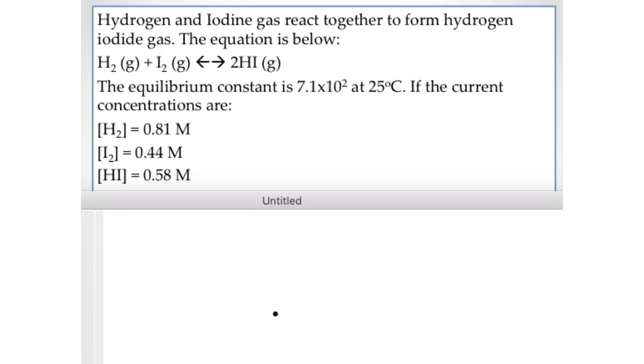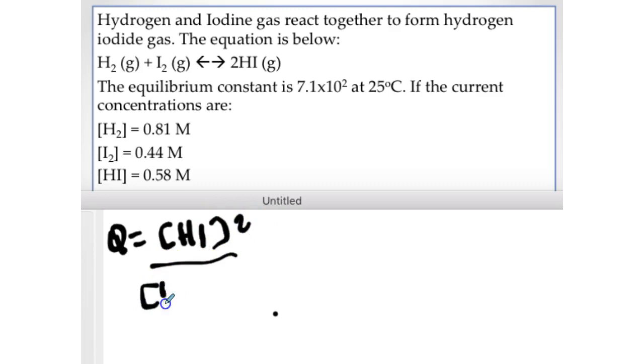Okay. So what we're going to do here is set up our expression. Q is equal to HI to the second power over H2 and I2.